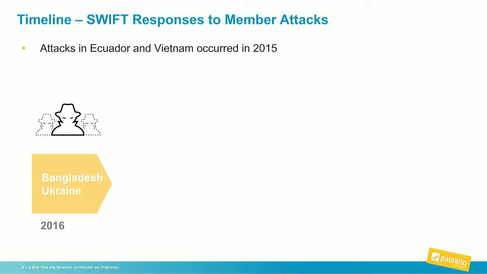So it wasn't really until the attack on a bank in Bangladesh in 2016 that worldwide attention was brought to this. In that particular incident, $81 million of fund transfers were initiated fraudulently. And in the aftermath of that, it came to light that these earlier attacks in 2015 may not have been, in fact, isolated incidents, but related to this Bangladesh attack.